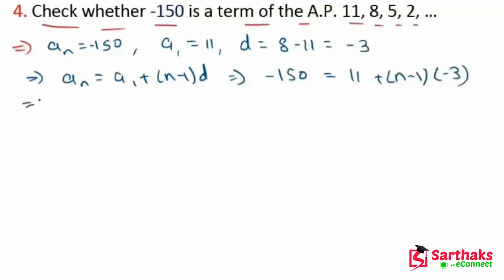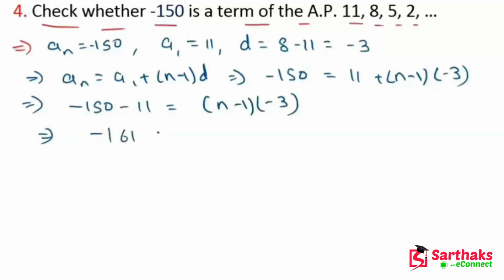Now minus 150 is equal to, and 11 is shifting here, so it will become negative, minus 11, plus n minus 1 into minus 3. Now if we solve it, we get minus 161 is equal to n minus 1 into minus 3.